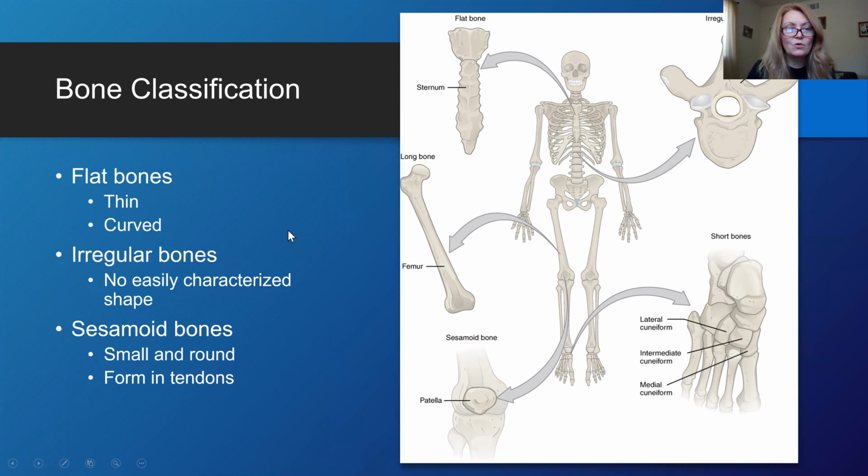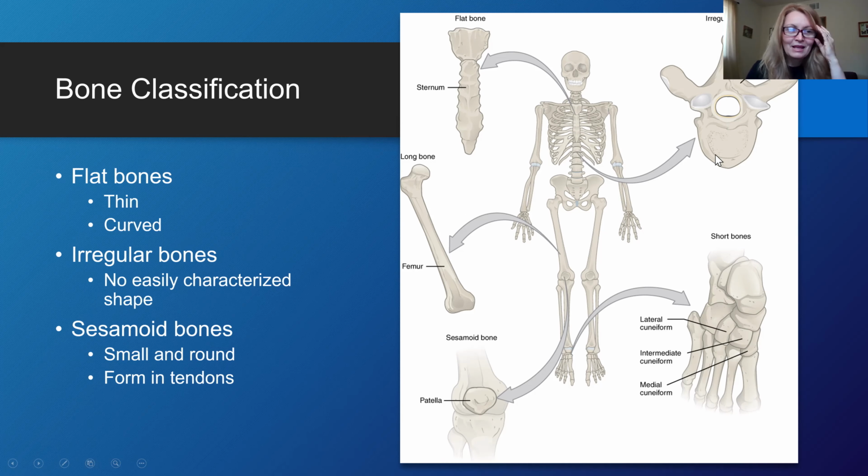Then we have flat bones. They are thin and curved. Those are bones of your cranium or sternum, for example. Irregular bones are not easily characterized by shape. An example would be your vertebra.